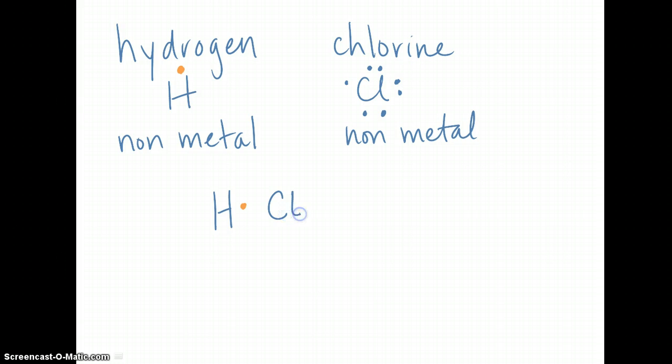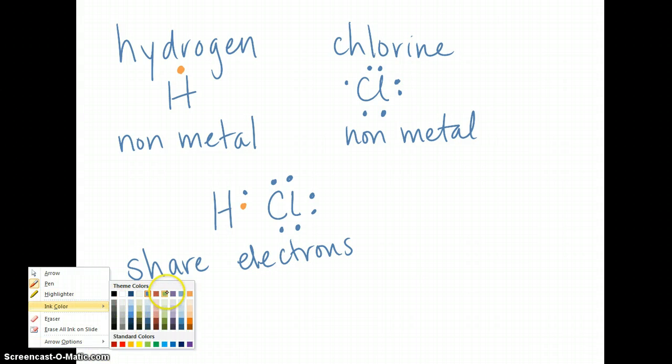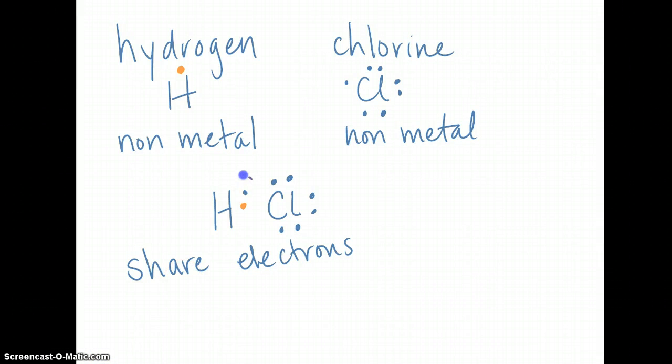And so what they will do instead is that they will share their electrons. So it is not giving its electrons. Hydrogen is not giving its electrons to chlorine. Instead, they share electrons. And the way we show that graphically is that we create, we'll use purple, circles. So here we have hydrogen. It wants 2 electrons, and in fact, it has 2 electrons. Chlorine, on the other hand, wants 8 electrons, and it gets 8 electrons. So this is a bond that forms.